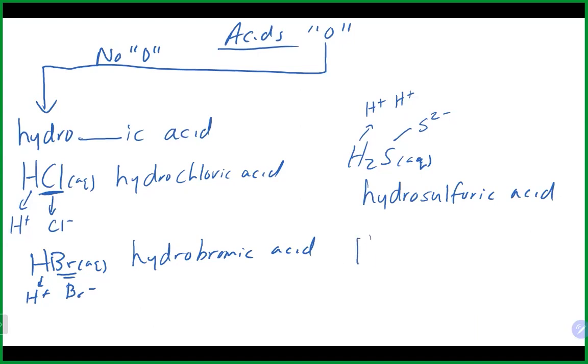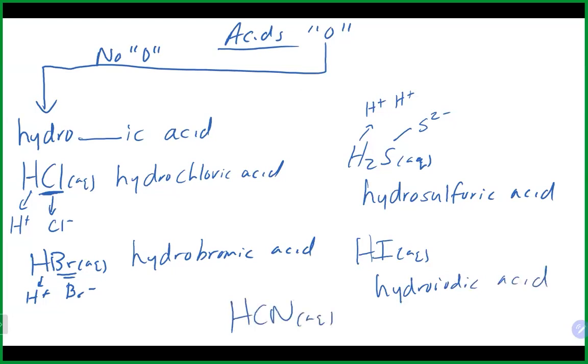HI would be what then? HI should be hydroiodic acid. HCN would be, is CN cyanide, right?